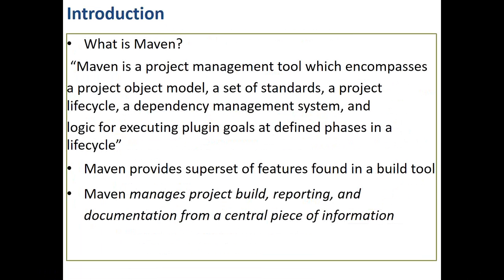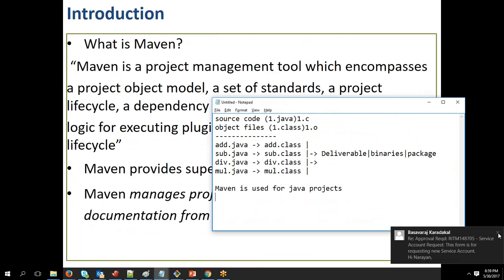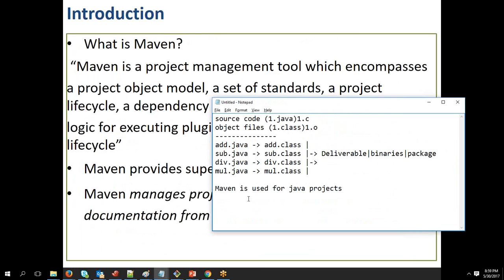And the third thing is Maven is also built on Java, which is used to build Java projects. Maven is an open source tool, which means it is available for free.